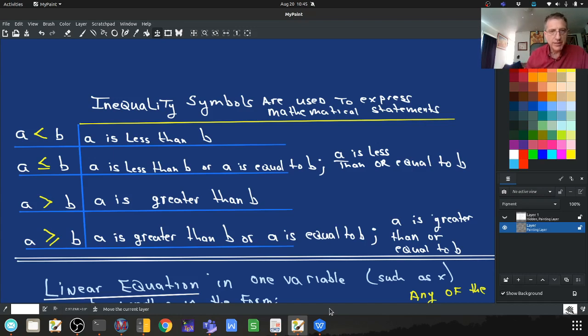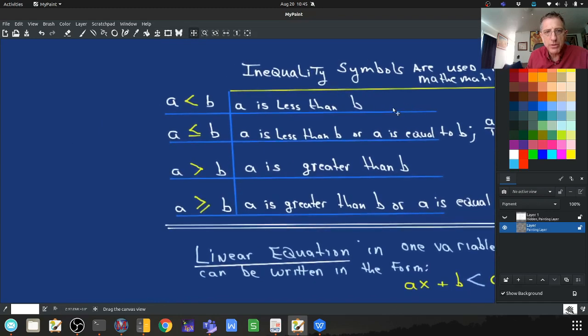So let's give some examples of these statements really fast that are true, and maybe one or two that are false. So if I say A is less than B, minus 3 is clearly less than 10. That's a true statement. A is less than or equal to B, minus 3.